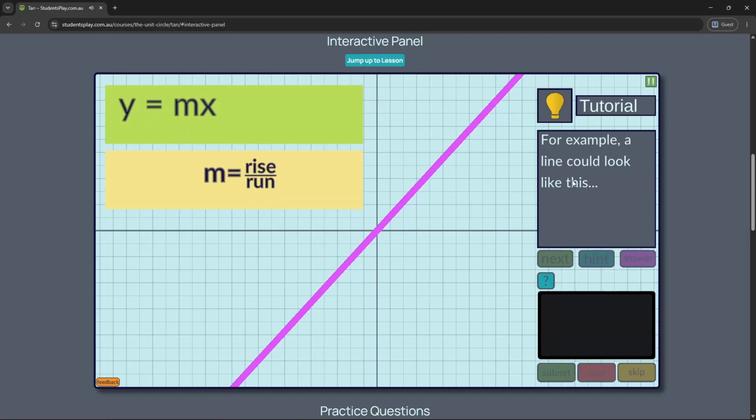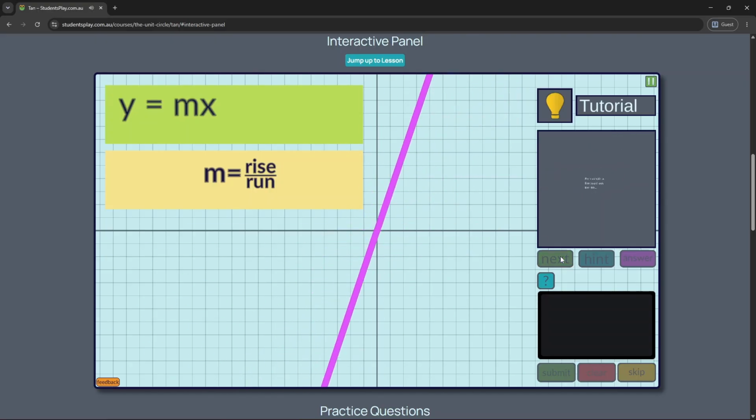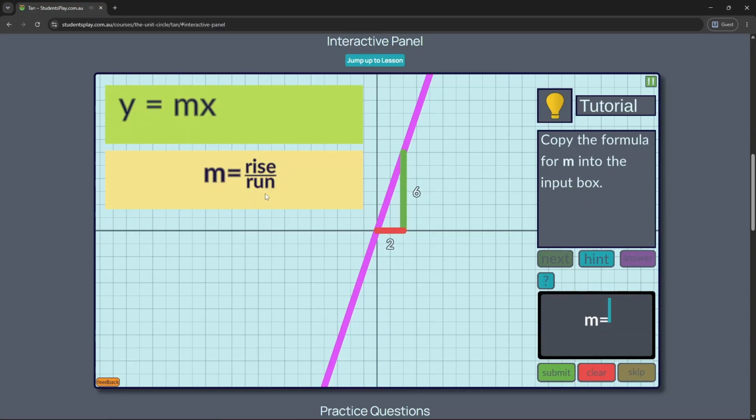For example, a line could look like this, and if we measure the rise to be 6, so it rises up 6, and the run is only 2, just goes across 2, let's use the formula to work out the gradient. So copy the formula for m into the input box. So just m equals rise over run.